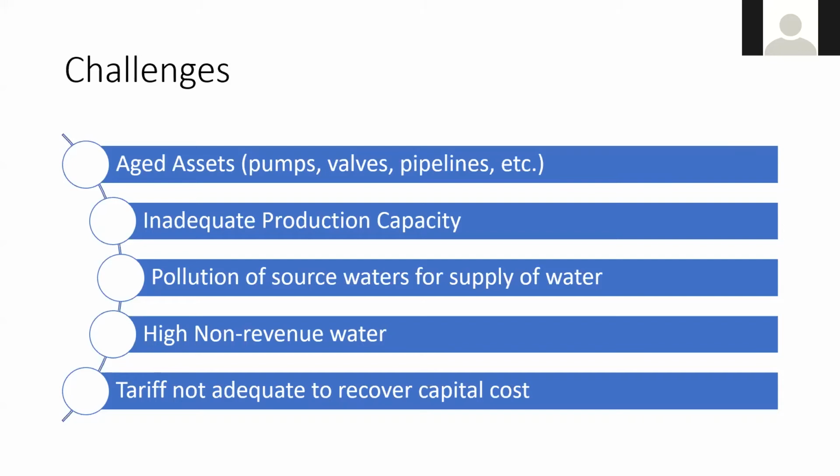And it also affects quality, which means that if we are supposed to be extracting water from these sources, it requires us to do a lot more treatment, and that comes at a cost as well. And non-revenue water, like I spoke about, we lose water along the network from production all the way down to the consumer. We are losing close to 39% currently.